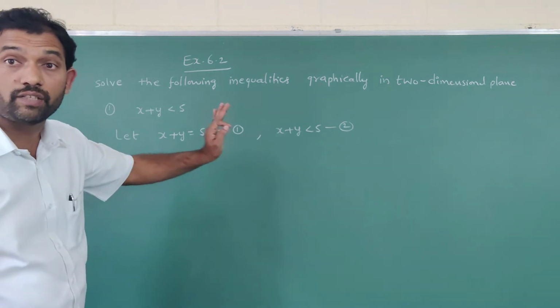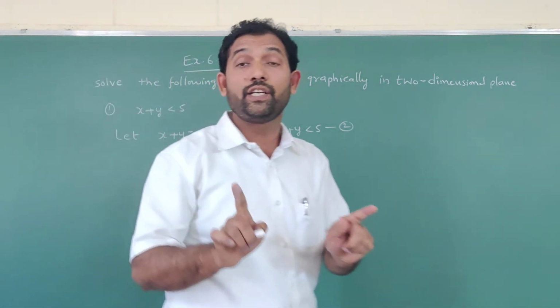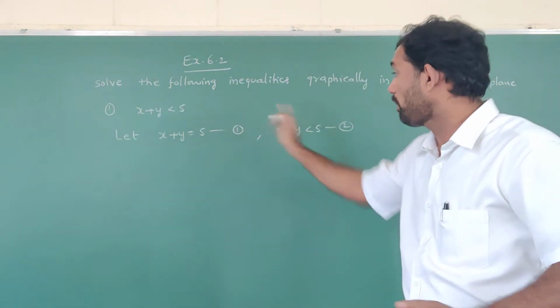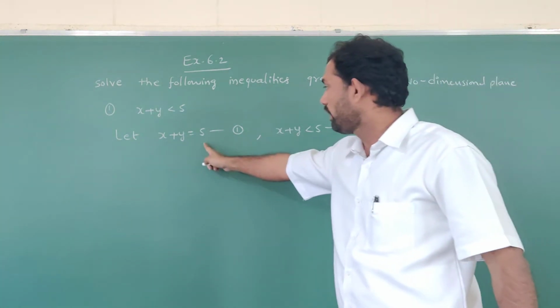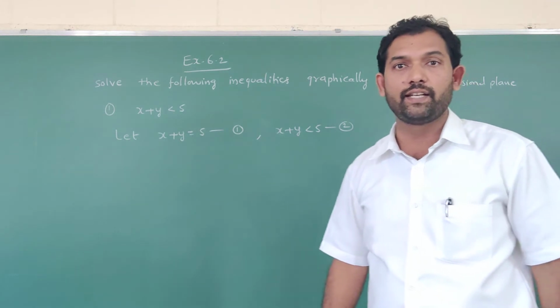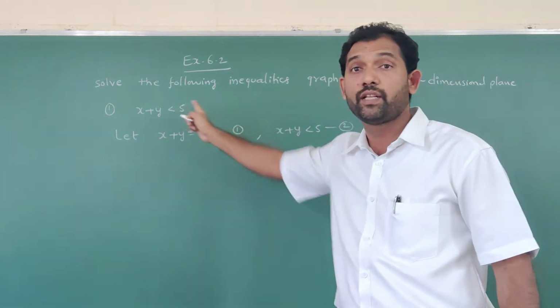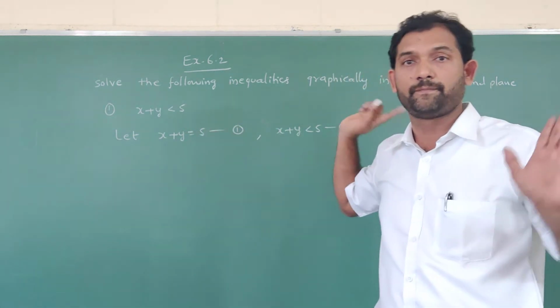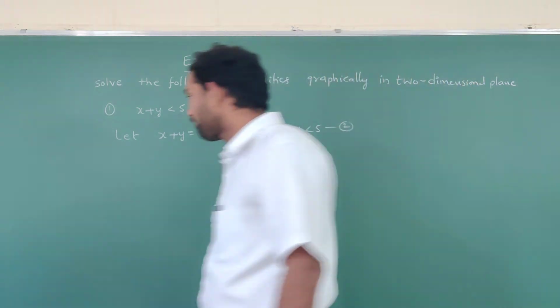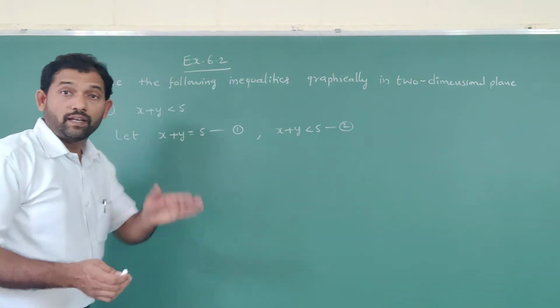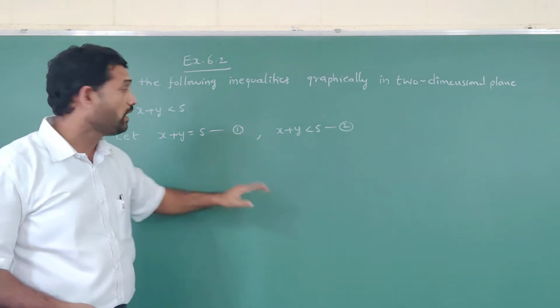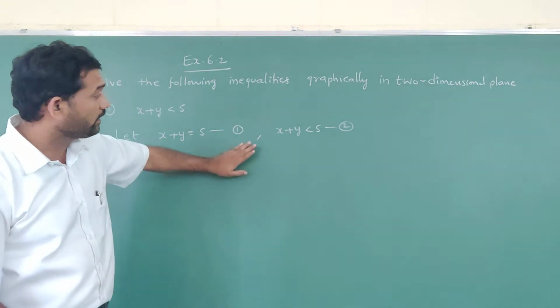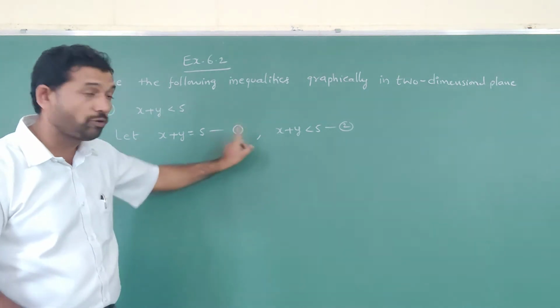Whatever the inequality is given, the same inequality you have to take. After that, in the graph book, on the graph side you draw the graph, and beside it on the white page you do this solution.